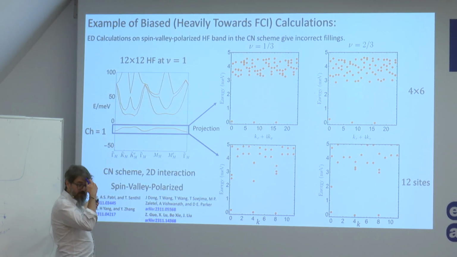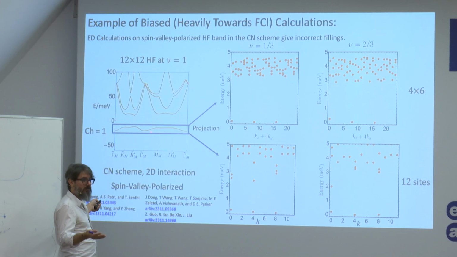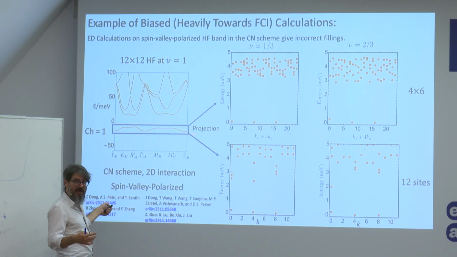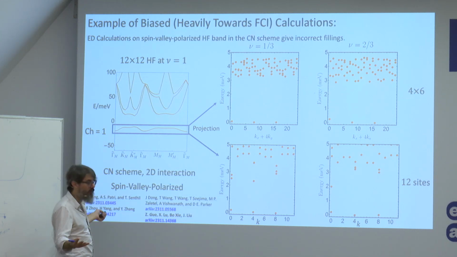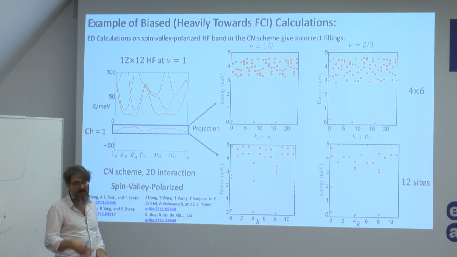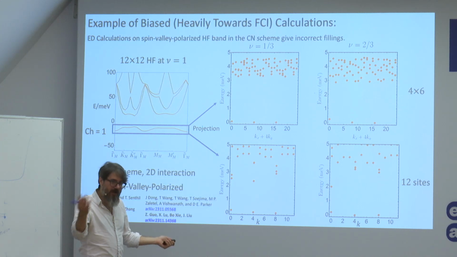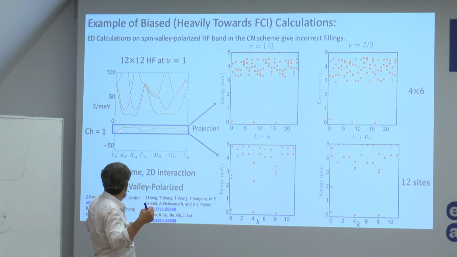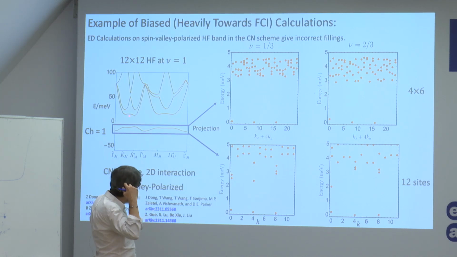This gap, as I showed you in both schemes, is of the order of the interaction over 10. So if I project into this band and go to fractional filling and ask what happens with an interaction, well, that interaction that I'm putting in is still a Coulomb interaction, so it's going to have the same value as this gap. So you can't project it. This gap is 1/10 of the interaction or something, or half or whatever.